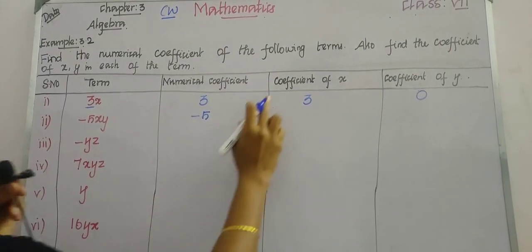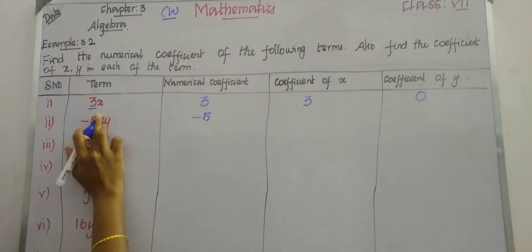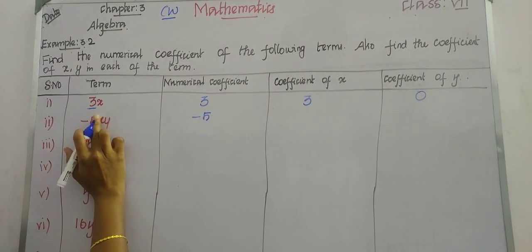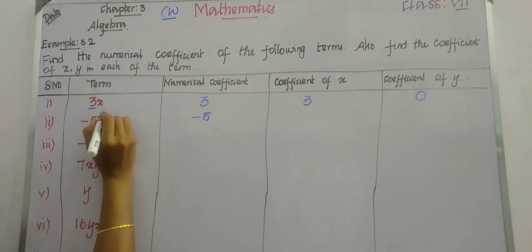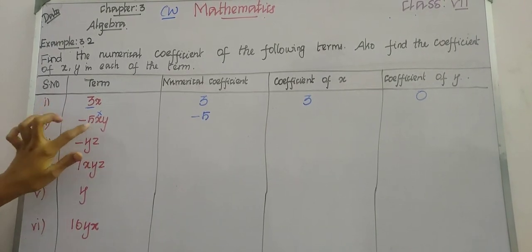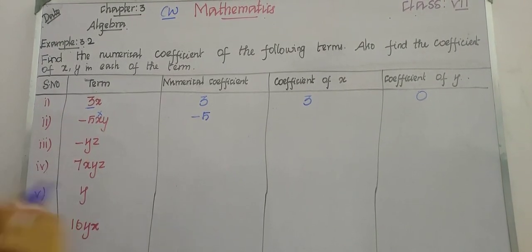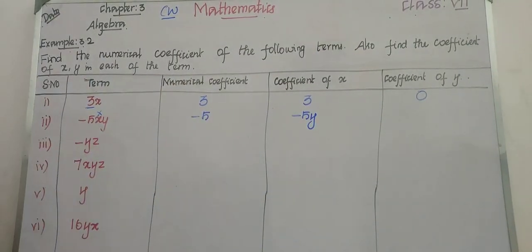The next is coefficient of x, right? Now simply hide this x. What are all the things we are having? Minus 5 and y is here, right? So leaving x alone, we need to take the remaining things. Here we are having minus 5 and y. Let us write that minus 5y, that is the coefficient of x.